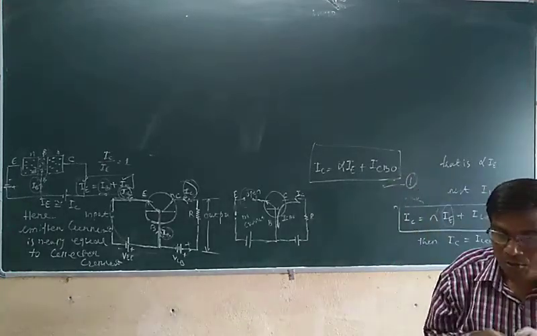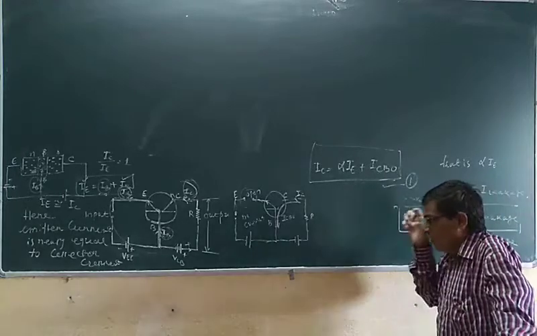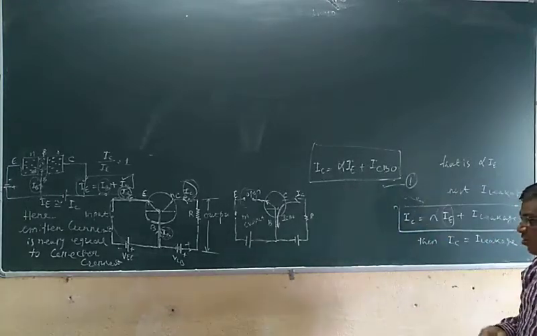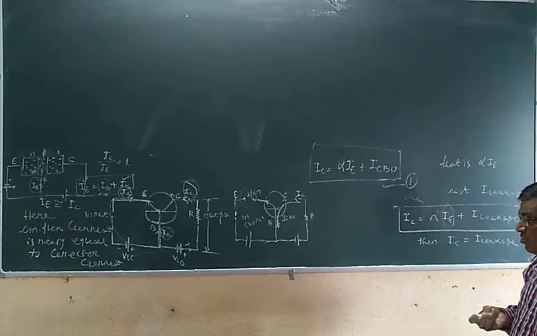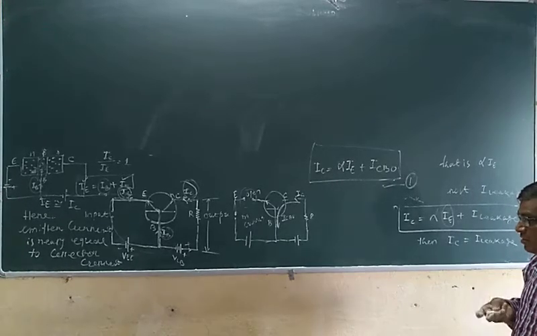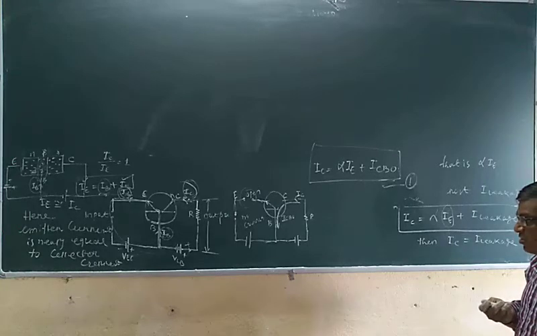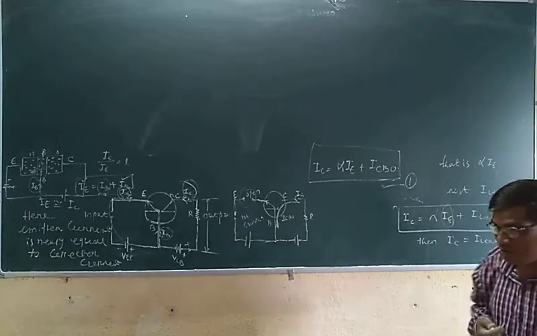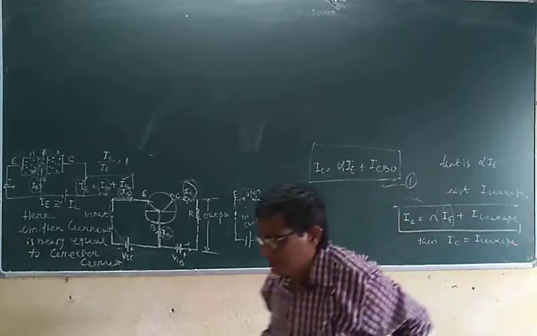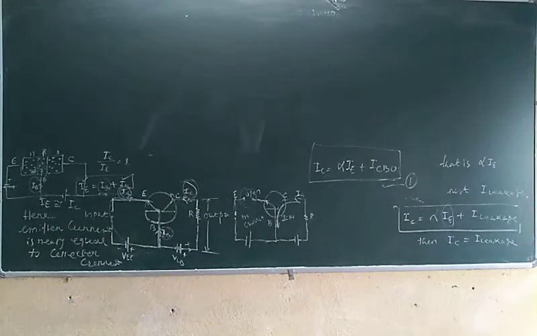In this way, we have calculated the collector current. Again, we will find it for the common emitter connection in the next class.